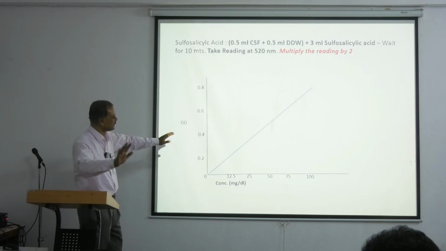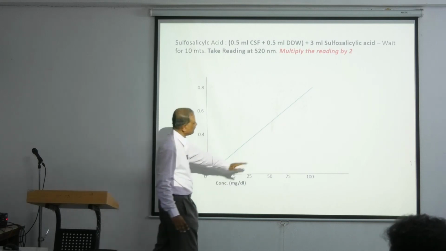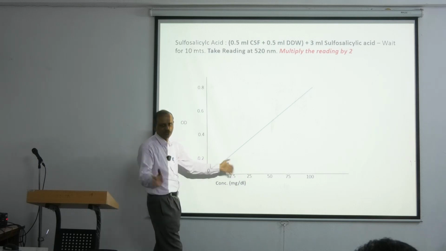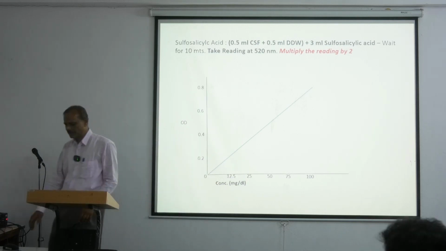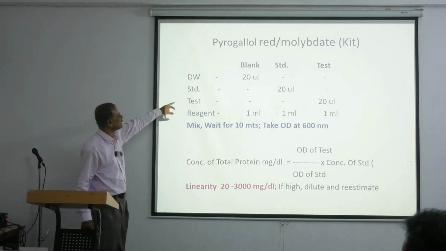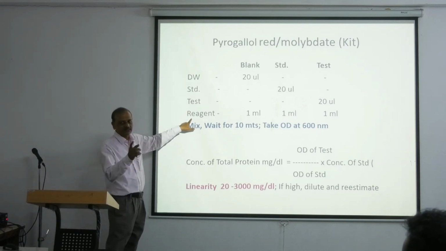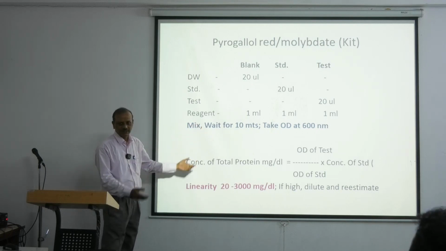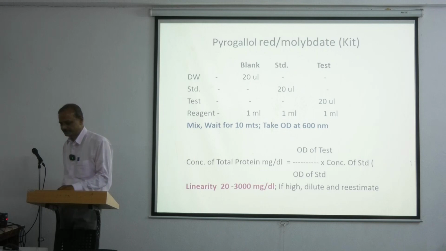You did not write this thing. You understand? A standard curve is maintained and OD readings are taken. From the OD readings, the protein level is measured. Similarly, for the colorimetric estimation, it is just like the distilled water, standard, test, and the reagent is mixed and kept for 10 minutes and readings are taken. It's nothing more than that.